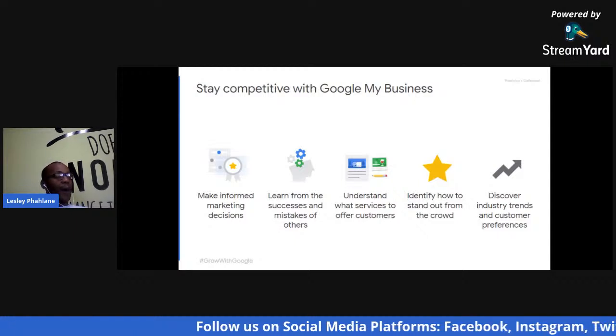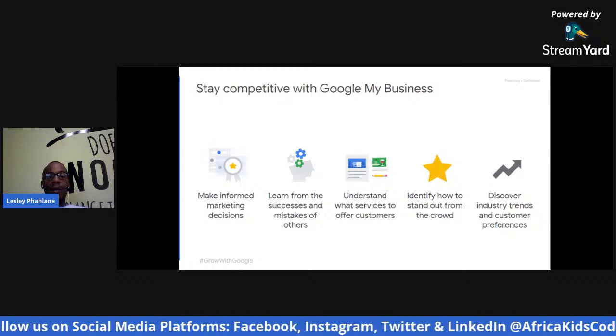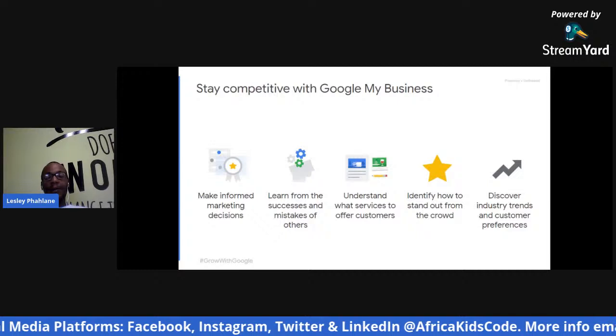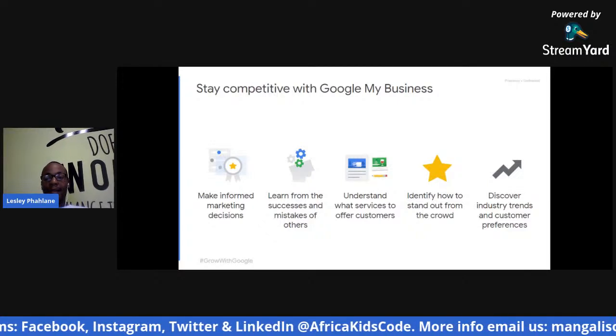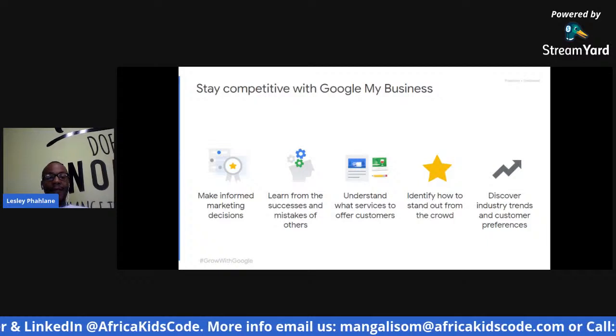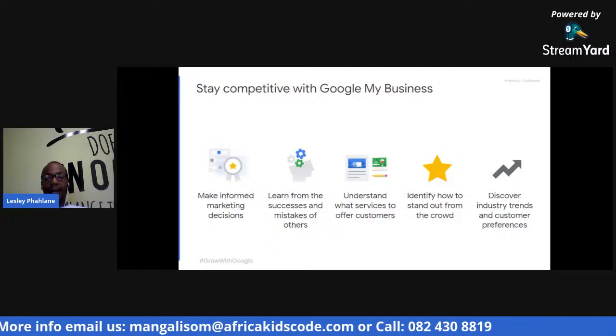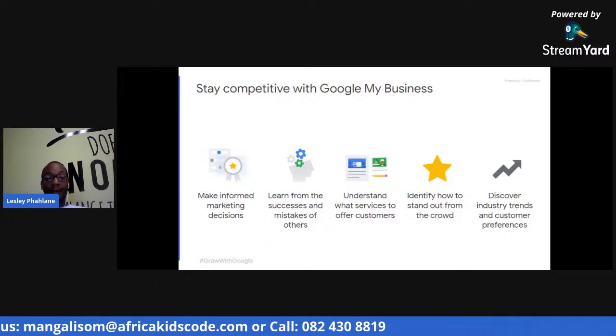Another way to stay competitive is by having a Google account that helps you stay competitive and boost customer engagement online and in store. You must make informed marketing decisions based on customer feedback and reviews.